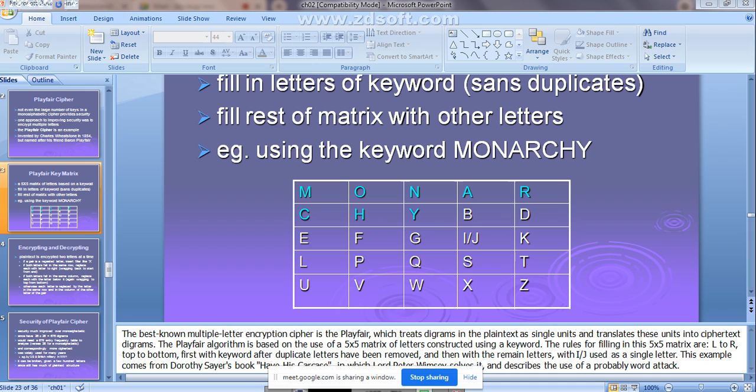F needs to be replaced with the right letter. That means F is replaced with G. G is replaced with either I or J. Which is the rightmost letter for the F character? It is G, right? So F is replaced with G. G is replaced with I or J.